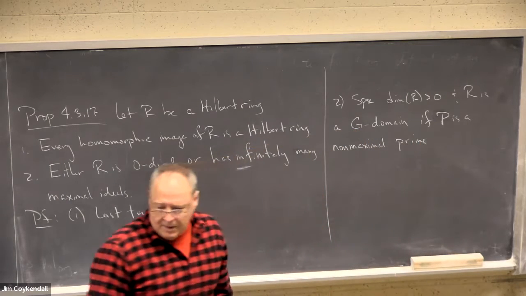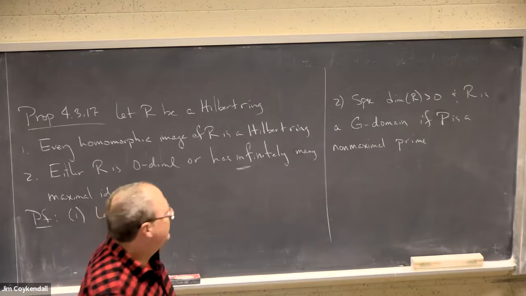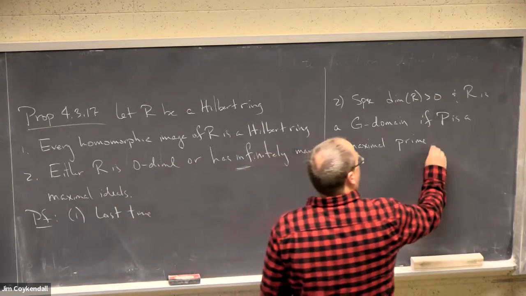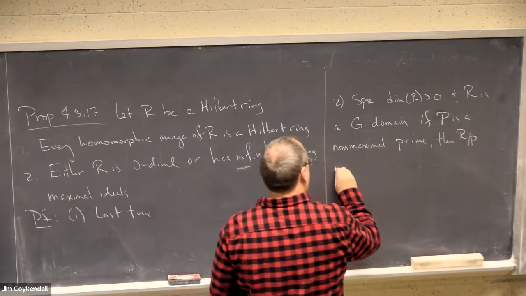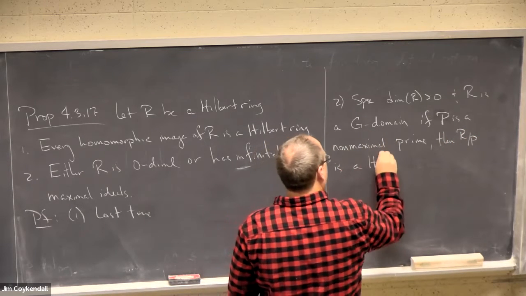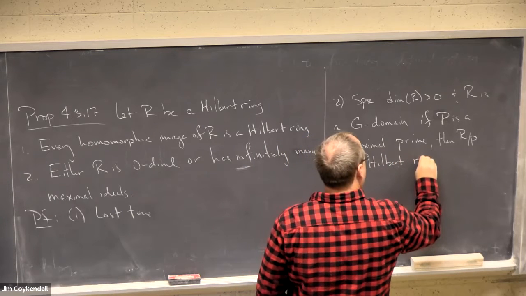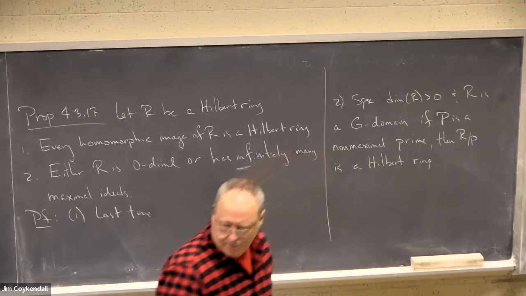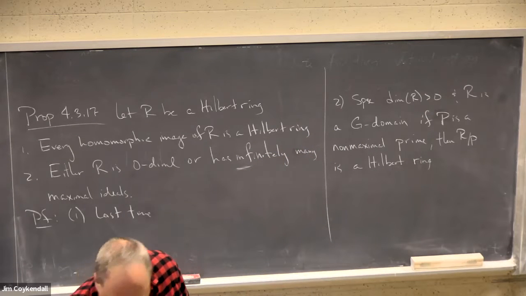So take a non-maximal prime here. Then R mod P is a Hilbert ring with finitely many maximal ideals.